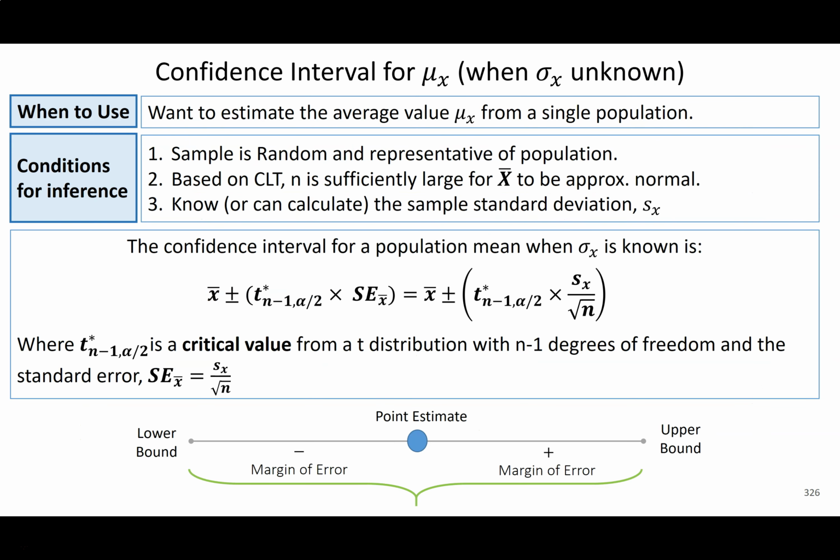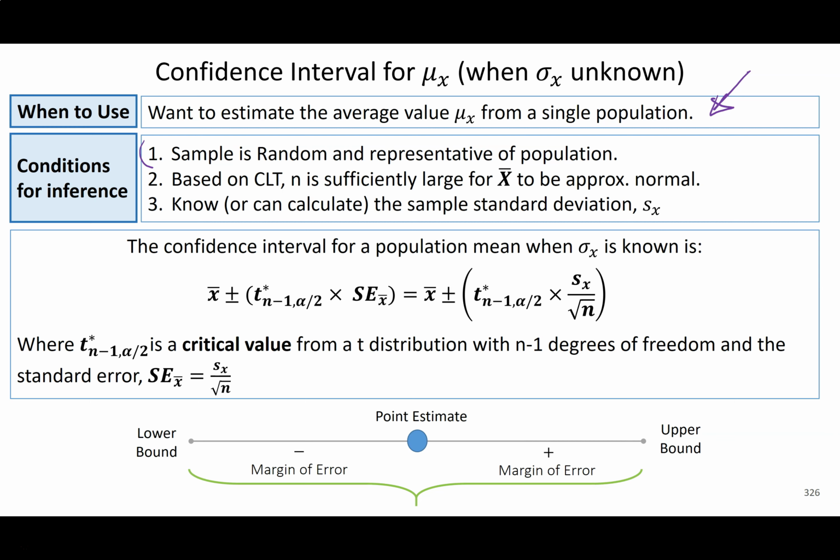So we're going to start with confidence intervals, then we'll shift to hypothesis tests. For a confidence interval, this is going to look extremely similar to last week's. We want to estimate the average value, mu of x, of a single population. Our first condition is identical. We want to have a sample that is representative of the population.